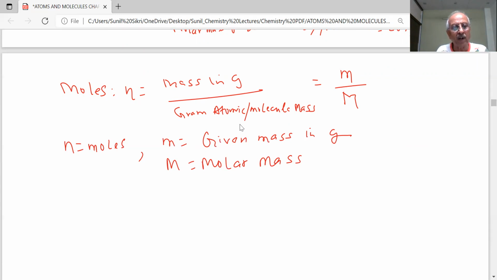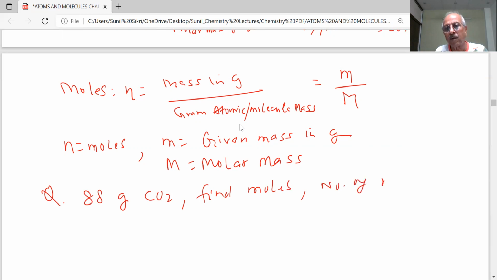So supposing, student, you have 88 gram of CO2. Find the moles and number of molecules of CO2. You have 1 to 2 minutes to answer the question. How will you answer?